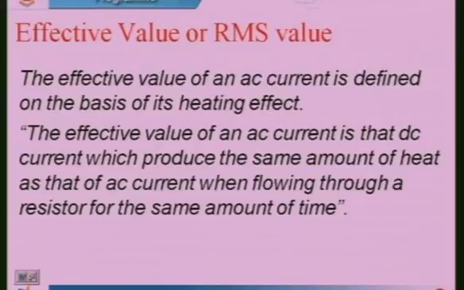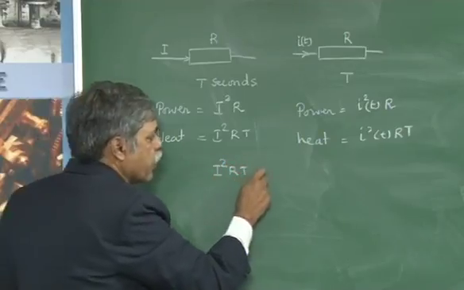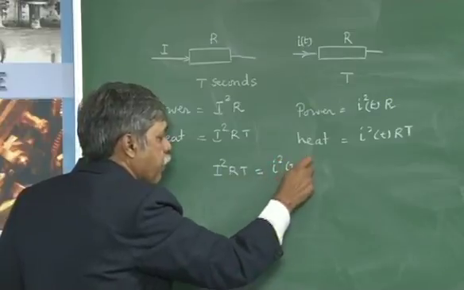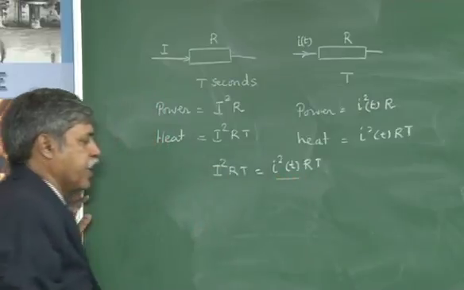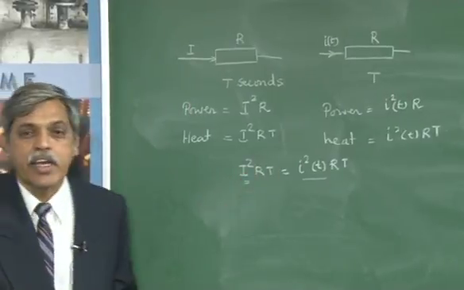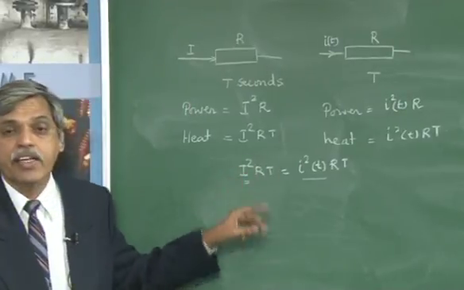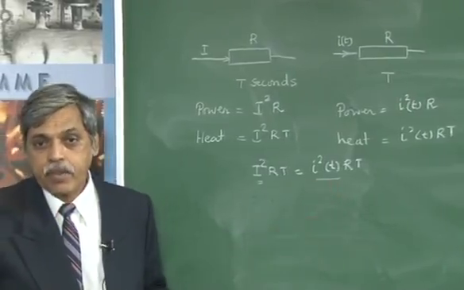produces the same amount of heat as that of AC current when flowing through a resistor for the same amount of time. So as per this definition, if these two equations are equal, that is I square R t equals i square of t multiplied by R into t, this being the sinusoidal alternating current and this being a DC current, then I say the DC value of the current is the effective value of the alternating sinusoidal current.